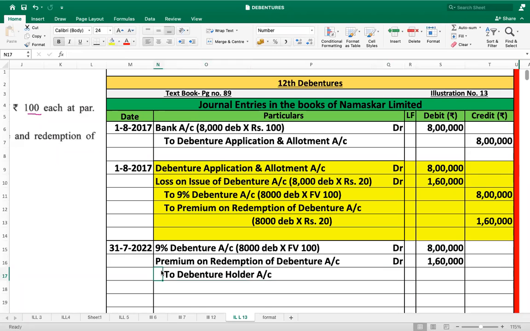Now I'll also mention over here that we have to pay back 8,000 debenture holders into rupees 120. So 9,60,000. Close the entry.